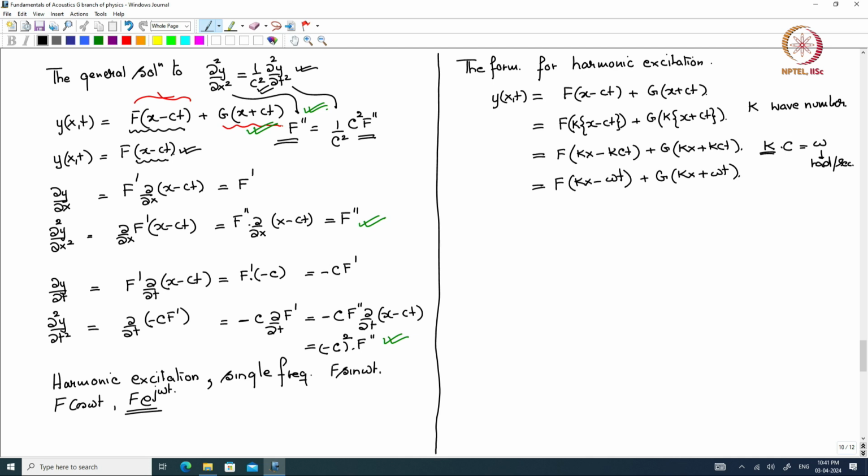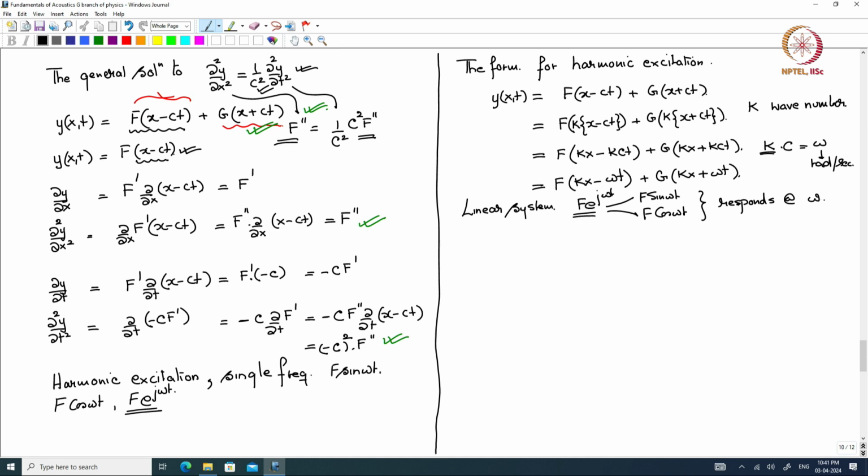Okay. Now, when a linear system is excited by a harmonic force, that is either F sine omega t or cos omega t, then the system responds at the same frequency. Okay. The response is at the same frequency and it is harmonic.